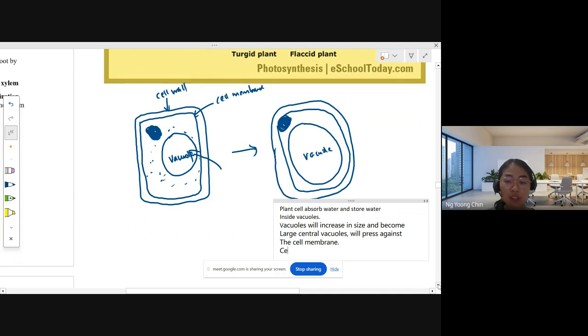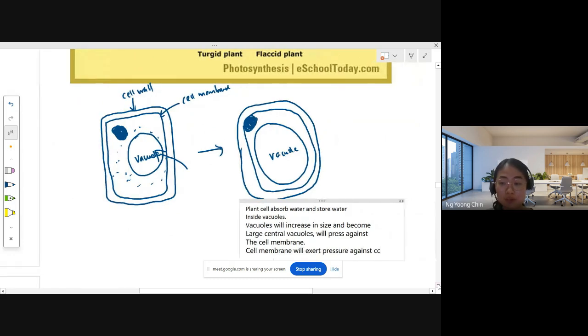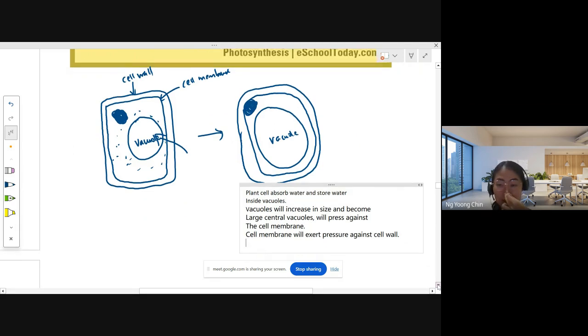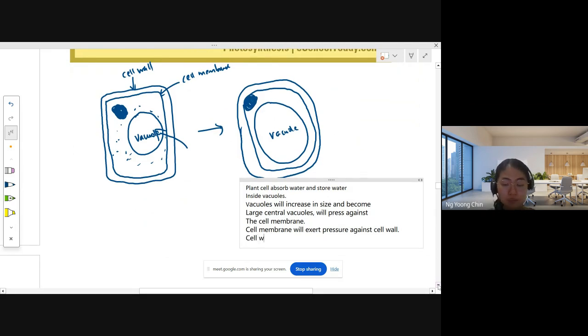Then the cell membrane will exert pressure against the cell wall. So this is the region where the cell wall will be slightly bending out, slightly bent out in shape.